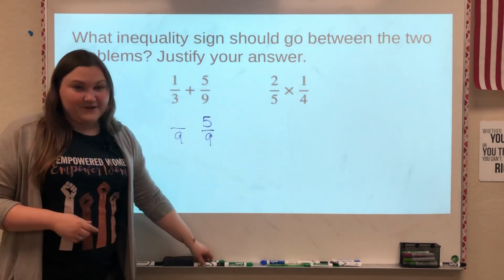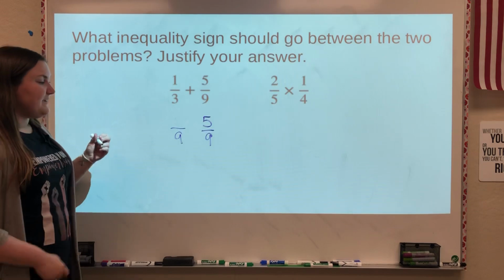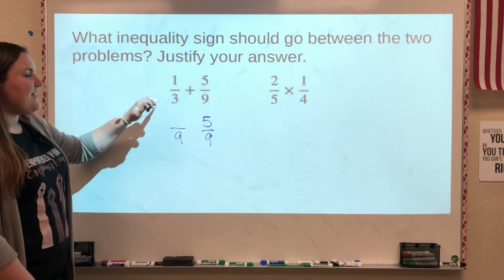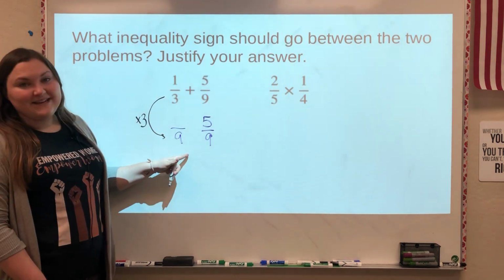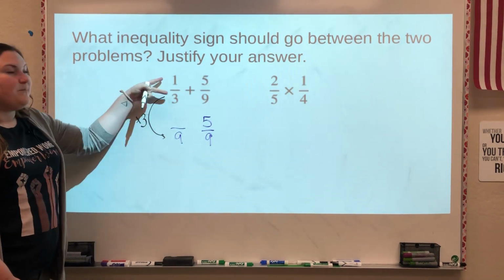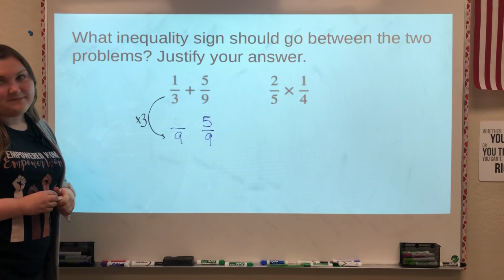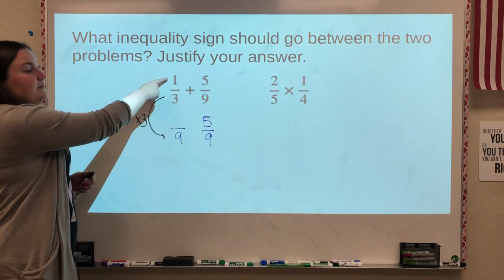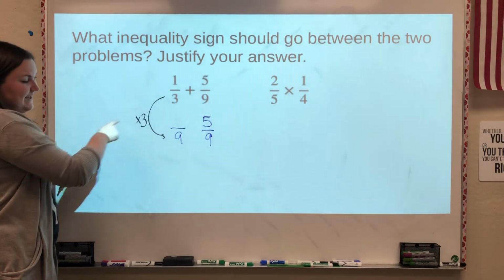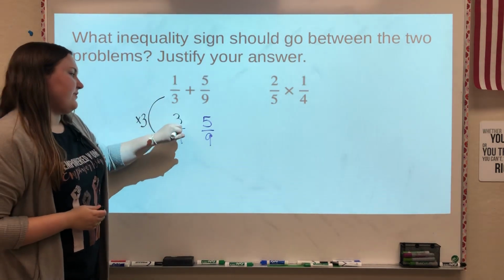The way we figure that out, like I mentioned, is using multiplication. I notice that 3 times 3 gives me 9. So that's going to be the number I'm multiplying both the numerator and denominator by. My denominator 3 times 3 gives me 9. My numerator 1 times 3 gives me 3.